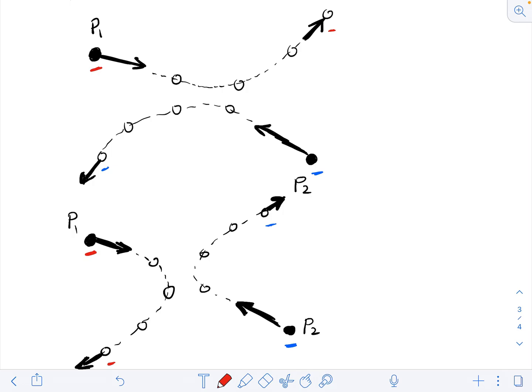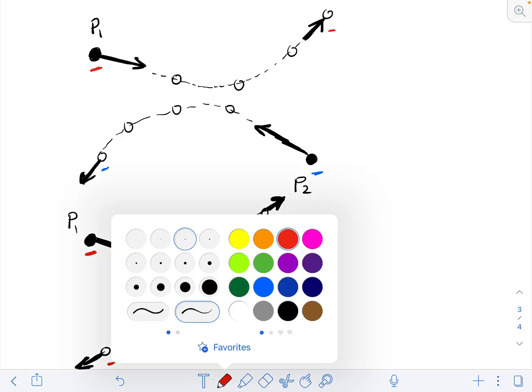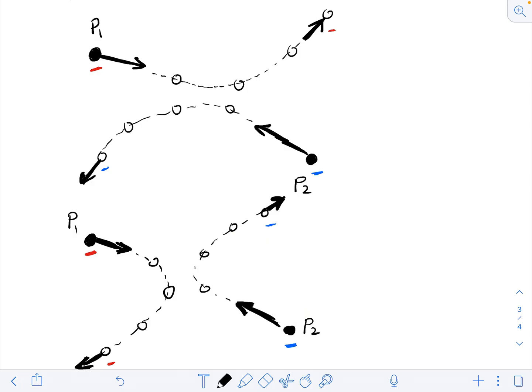If these were non-identical particles, say one is a proton and the other is a helium nucleus, an alpha particle, then you can always distinguish between the two. If this was classical physics, then even if the particles were identical, you could always distinguish between these two scenarios. Let's call the top scenario A and the lower scenario B.